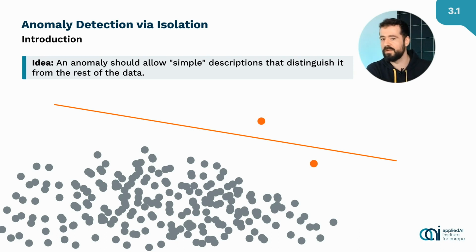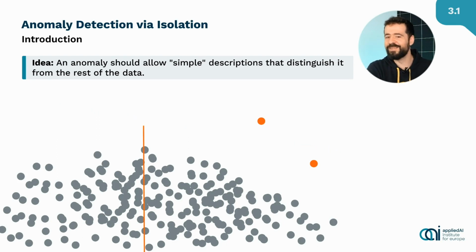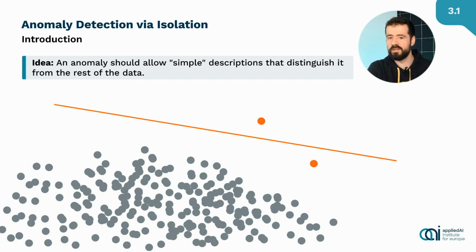So we want to try to find straight lines that separate individual points from the rest of the data. Then we can see that within the cluster of this gray data, there is no straight line that allows us to distinguish any of these points from the other ones, while for the orange ones, it's rather simple. If we take the upper one here, then for instance, I can easily separate it from all the other ones.